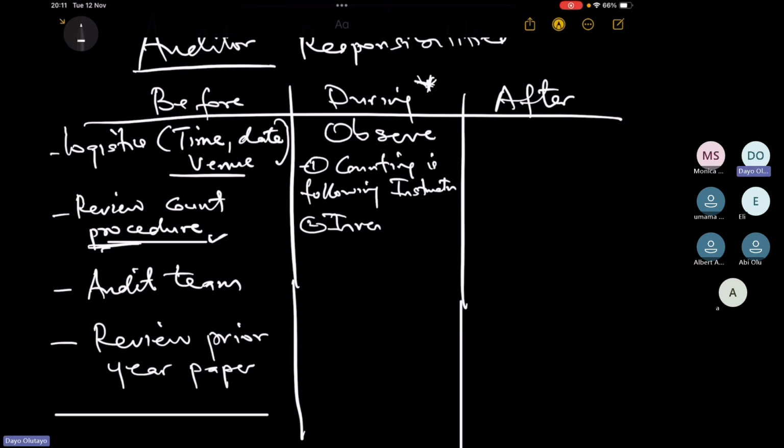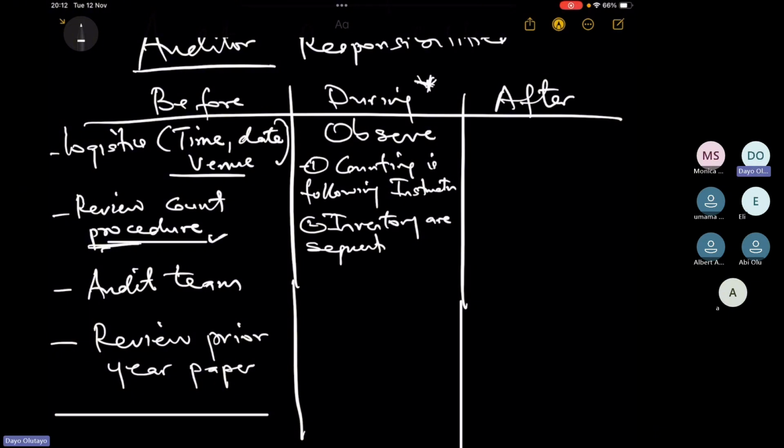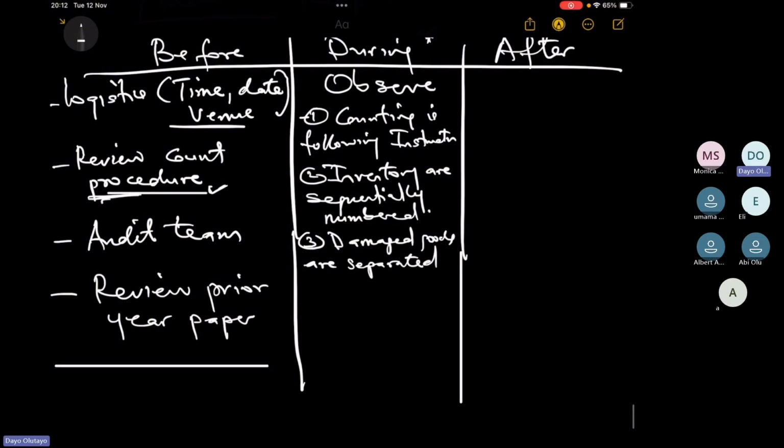inventory are sequentially numbered, because if they don't have tags, it will be difficult. You are also observing that damaged goods are separated. You need to look out for damaged goods because you don't want your client to be reporting damaged goods as if they are good.